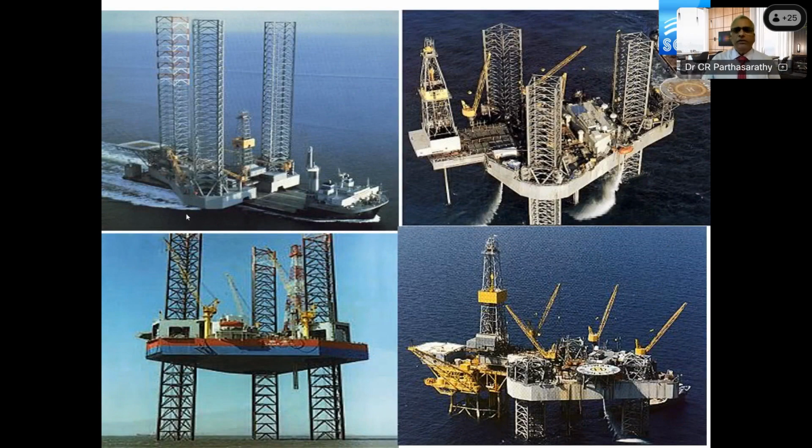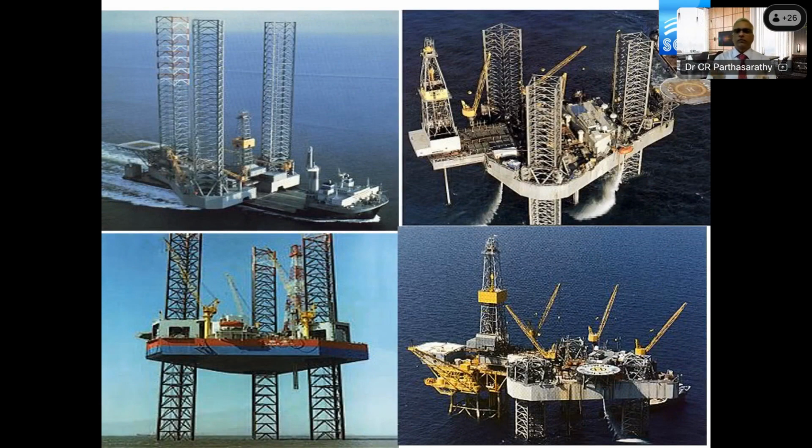The jack-up rig is a ship by itself, which has 3 legs and floats on water, and it will be towed by tugboats. This part of the ship is called the hull. At a location, it is positioned, and the legs are lowered down into the water and touch the seabed.